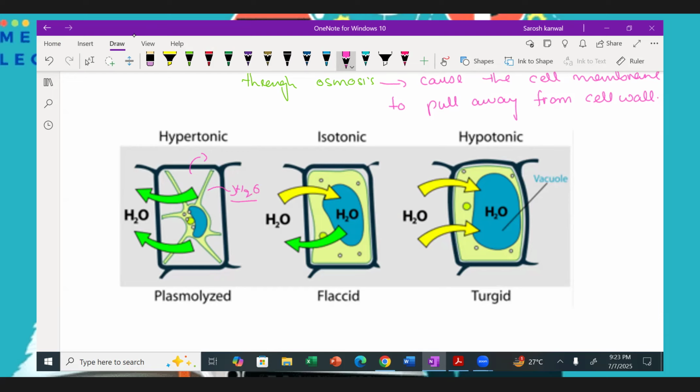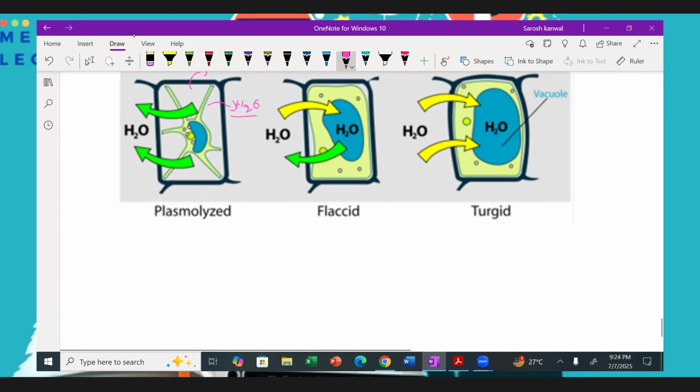In an isotonic solution, the movement of water is equal, right? So we call it flaccid because it is not like the turgid one. The turgid one was very firm, right? So in case of flaccid, the cell has become soft and weak.